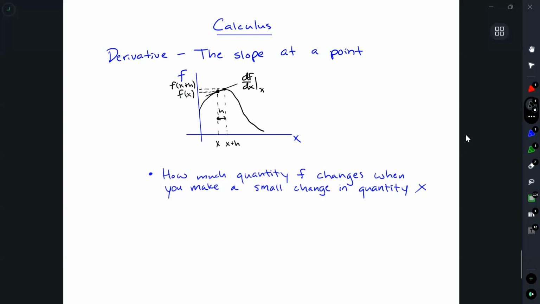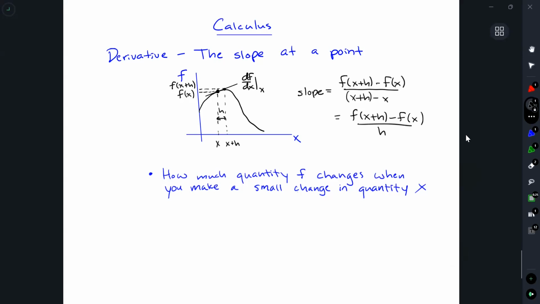And so the slope of the line connecting those 2 points is rise over run. So the rise is f of x plus h minus f of x. That's how high up you go. And then the run, x plus h minus x, that right there.